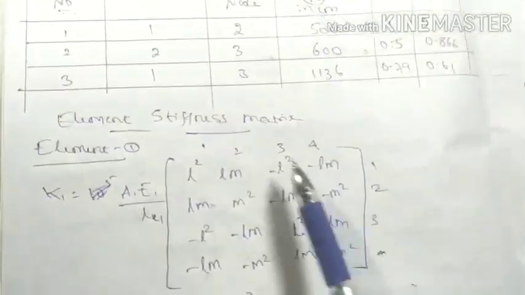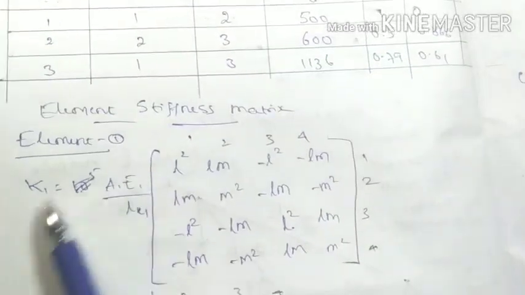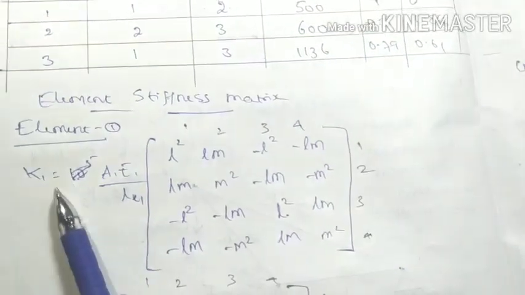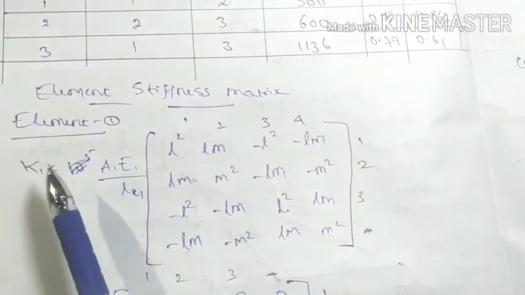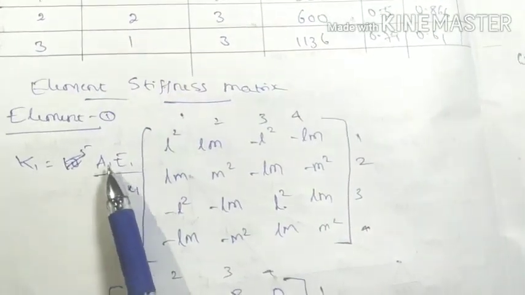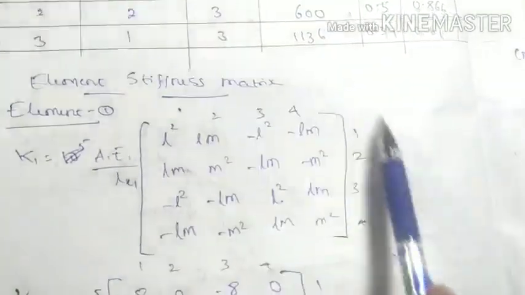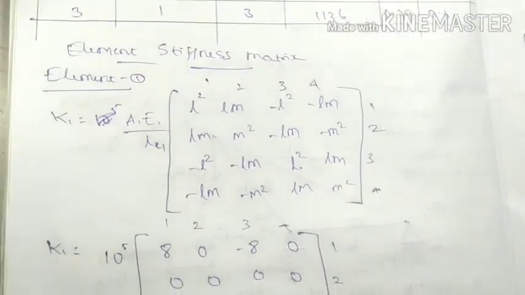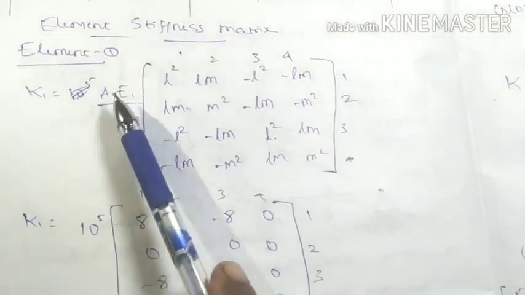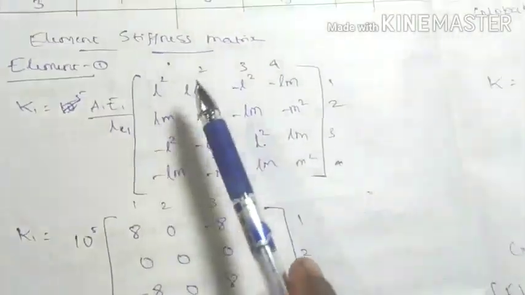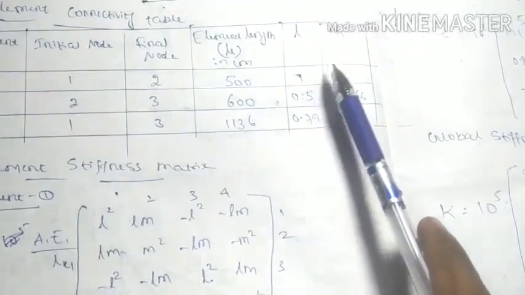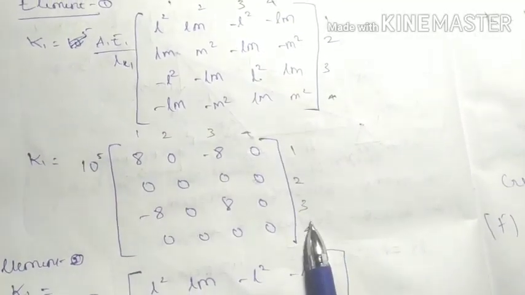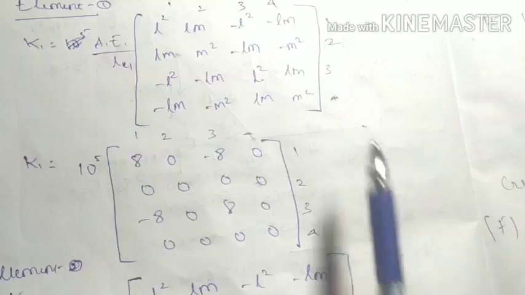Next step is element stiffness matrix, that you know very well. If there are 3 elements, therefore for each individual stiffness matrix we need to find K1, A1 E1 by LE1 and corresponding direction cosines. So substitute the A1, E1 and LE1 values as well as the direction cosines L, that is 1 and 0, and simplify this, then you will get K1 as this much, and corresponding row numbers and column numbers are 1, 2, 3, 4.